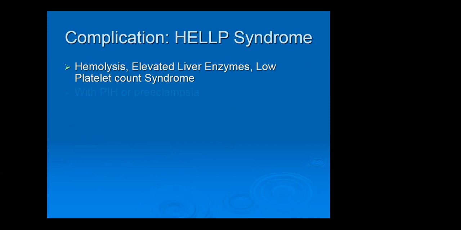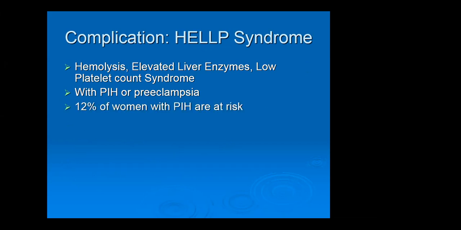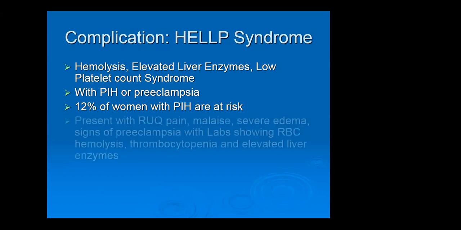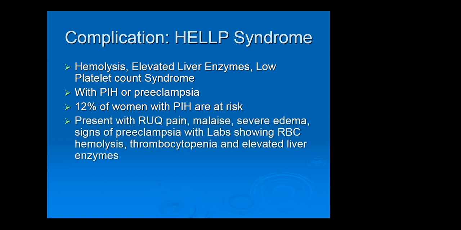If we continue looking at complications, you find the HELLP syndrome, hemolysis, elevated liver enzymes, low platelet count syndrome. It occurs either with the pregnancy-induced hypertension or with preeclampsia. 12% of women with the pregnancy-induced hypertension are at risk.